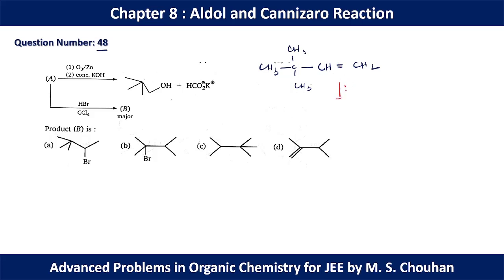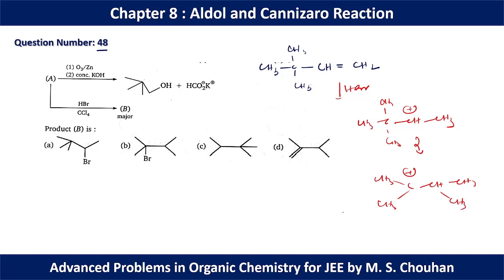Now if we add HBr to this molecule, initially we can have a carbocation over here, which will abstract the H plus. This carbocation can rearrange itself to give this kind of situation. Now the Br minus will be added to the final molecule and we can have a situation like this: CH, CH3, CH3. So for question number 48, option B should be the correct option.